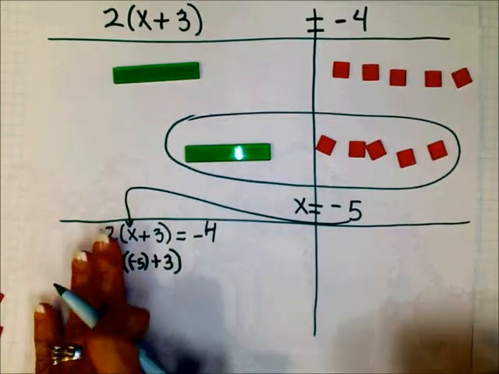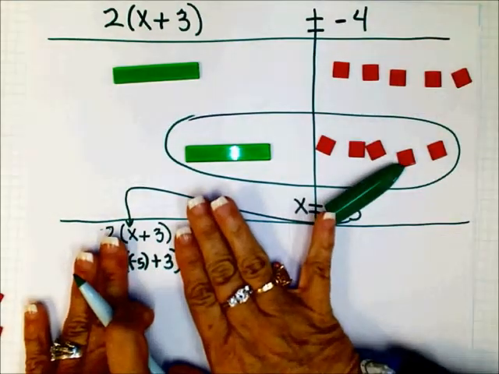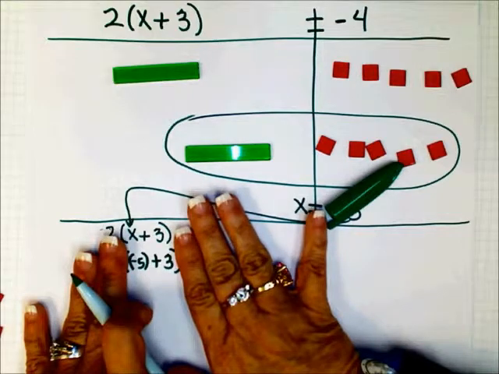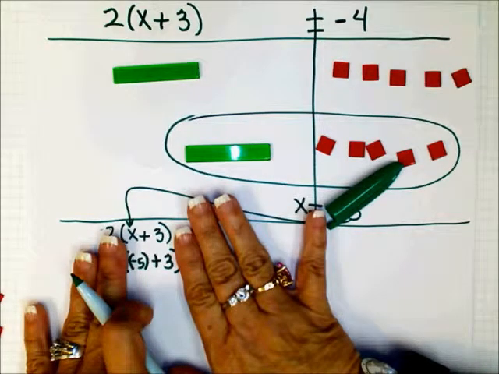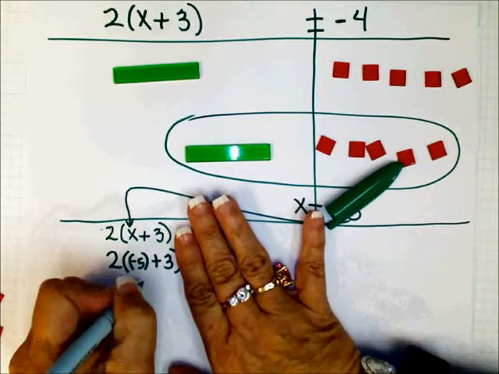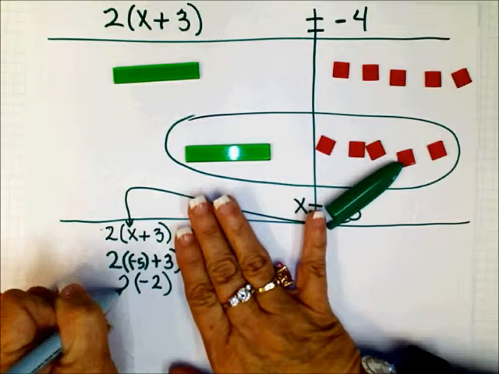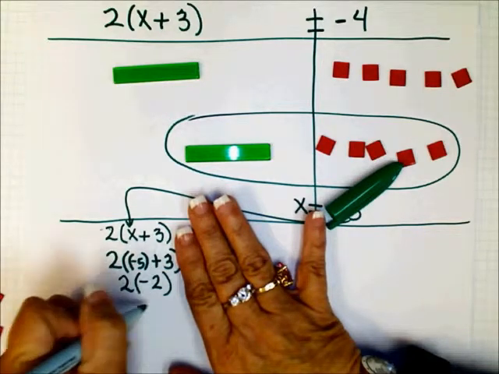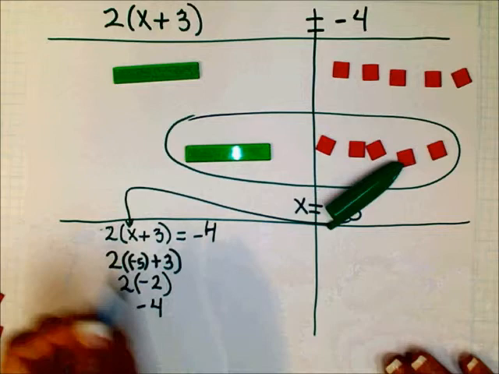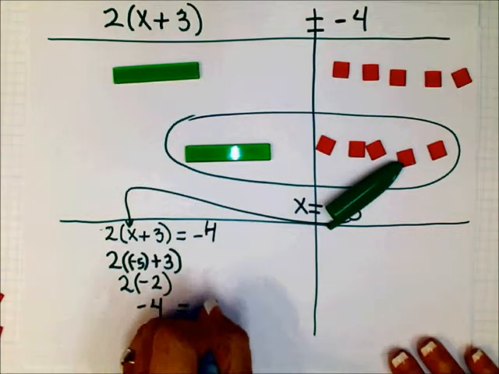So inside this parentheses, I have a negative 5 and a positive 3. The signs are different. So I subtract and I get negative 2. And then I multiply 2 times negative 2 and I get negative 4, which is what my equation said to start out with.